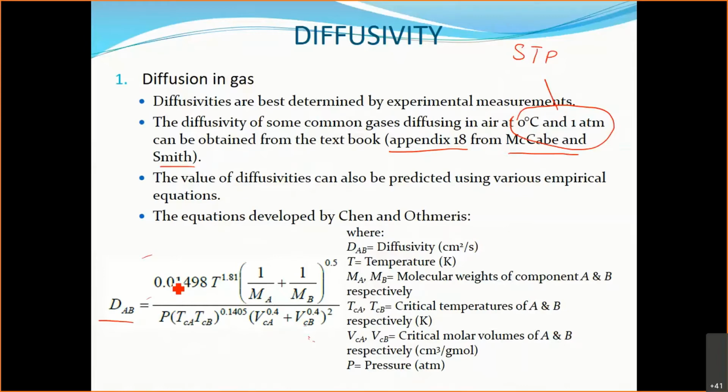The only thing you need to know is how to get those values, put them in this equation, and solve it. That is the first equation that we can use to find the diffusion coefficient in a gaseous system.